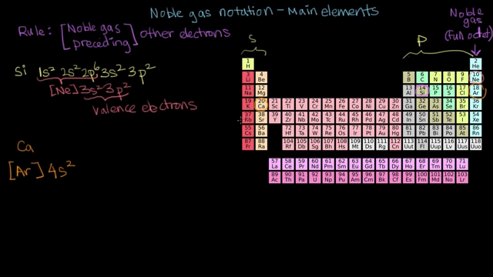Does calcium have a full octet? We know that these are the valence electrons. And if it did have a full octet, it would already have a noble gas configuration, so it would have either argon or krypton. In this case, it turns out that calcium prefers to lose 2 electrons as opposed to gaining a bunch.